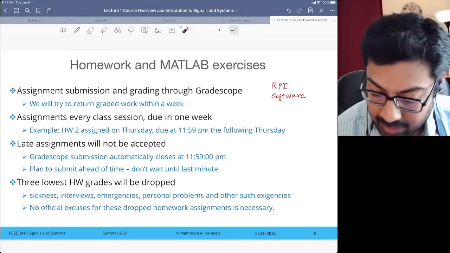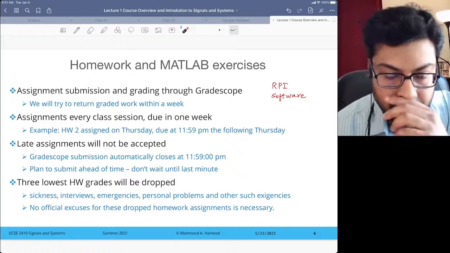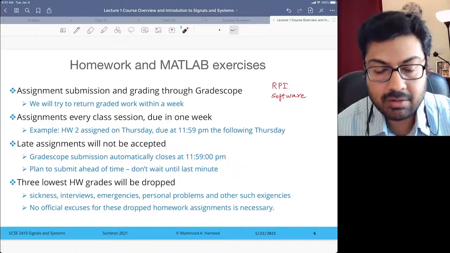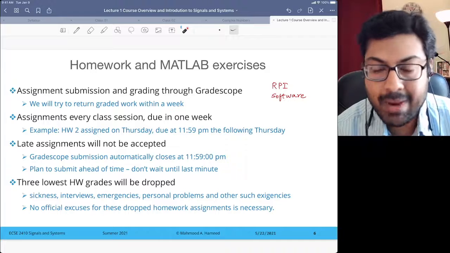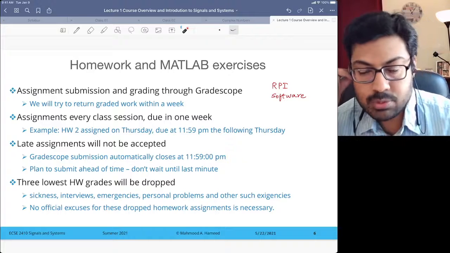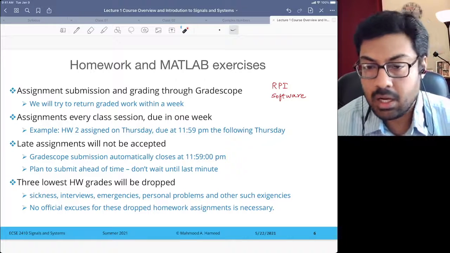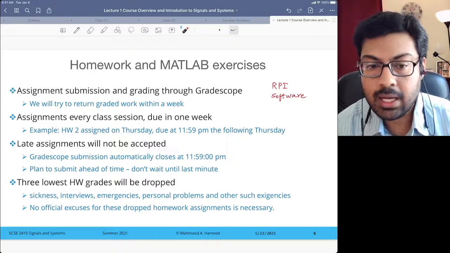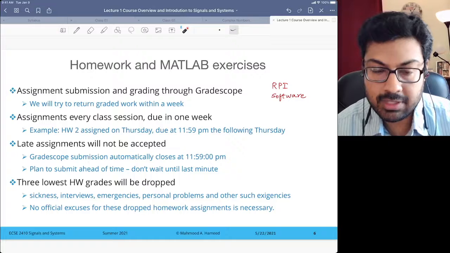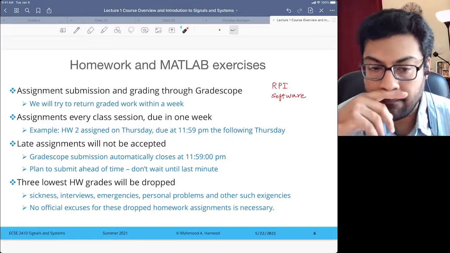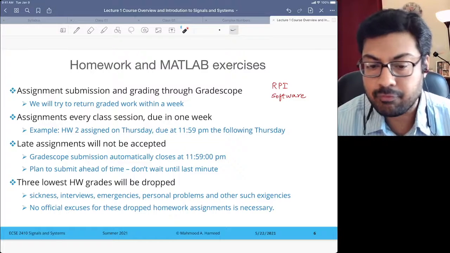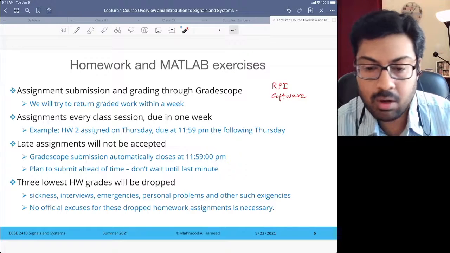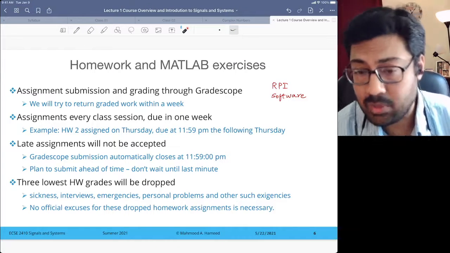Oh, by the way, RPI software. It's a free software for you guys, right? You can go to RPI software, log in with your credentials, and download Matlab. Every year, Matlab comes with 2 editions. There is a 2021A right now that is available. Later in the year, there will be a 2021B. For now, you really can get 2021A or 2020B or 2020A.